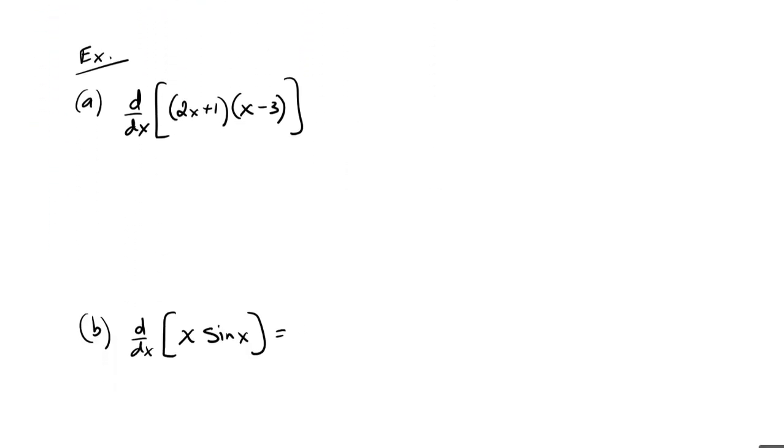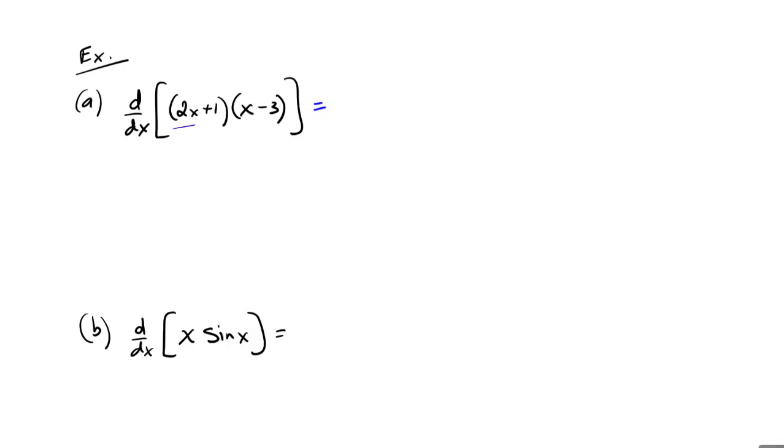Okay, so we're going to do the derivative here of 2x plus 1 times x minus 3. We're going to do it as a product, and then I'll show you that what we're getting makes sense, that it's true. All right, so I'm actually going to use a switch of notation. So I'm going to use the prime notation here because it'll be a little cleaner to look at.